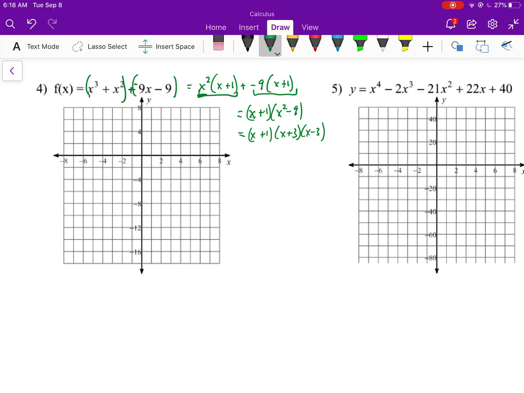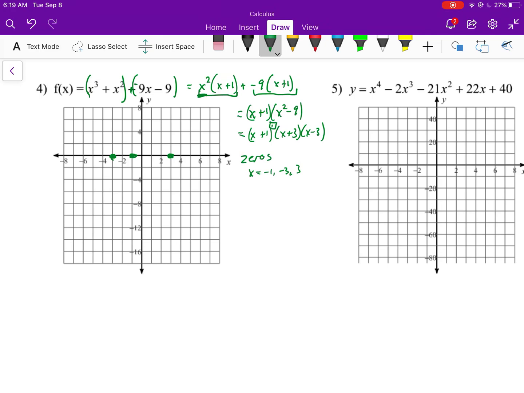And our zeros are going to be x equals negative 1, negative 3, and 3. So we're going to go ahead and graph those. Those are all multiplicity 1.